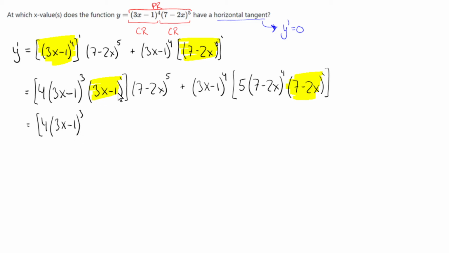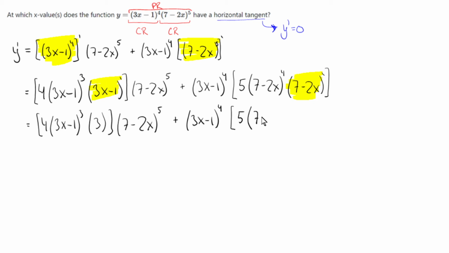So 3x minus 1, the derivative of that is just 3. The derivative of 7 minus 2x is negative 2.